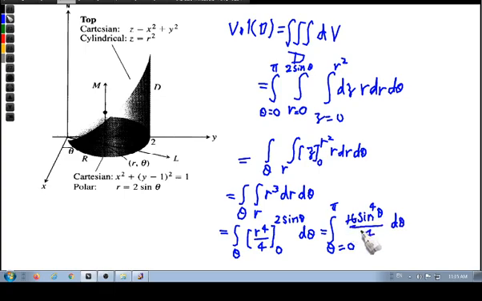So 16 by 4 is 4 here. Now you integrate this, sin to the power 4 theta. So this will be the volume of D. Thank you.